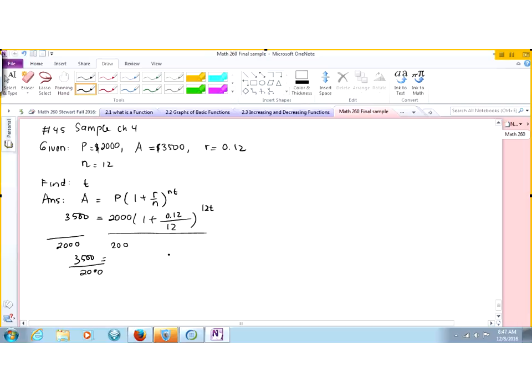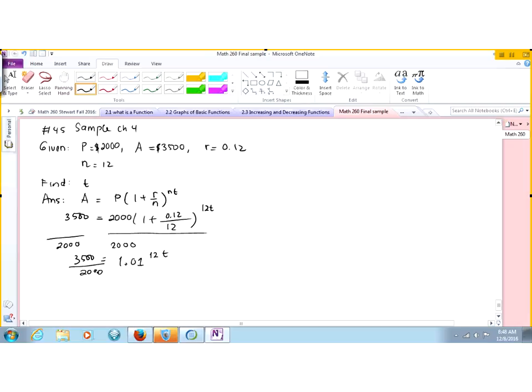All right. So what do I have on the right? 35 over 2. Is it correct? No. 1 plus 0.01, right? So 1.01 raised to the 12t.